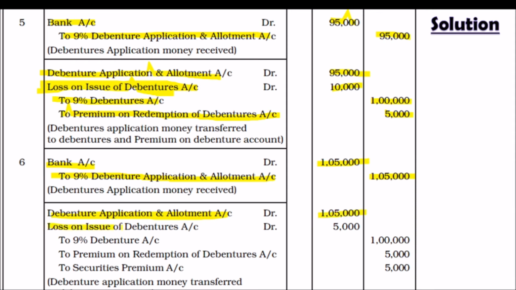Loss on issue of debenture account 5,000, to 9% debentures 1 lakh, the actual value we have to get, to premium on redemption of debenture account 5,000, to securities premium reserve 5,000. Amount related to the premium. So these are the entries we have to write.